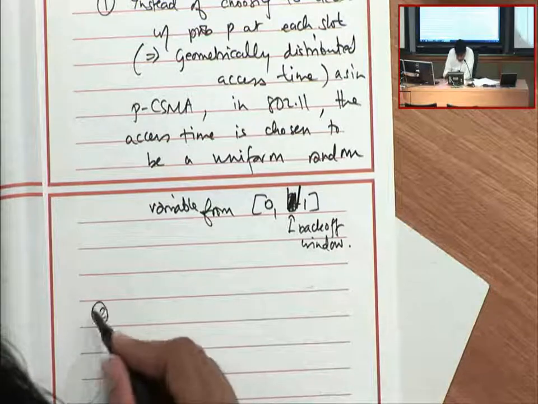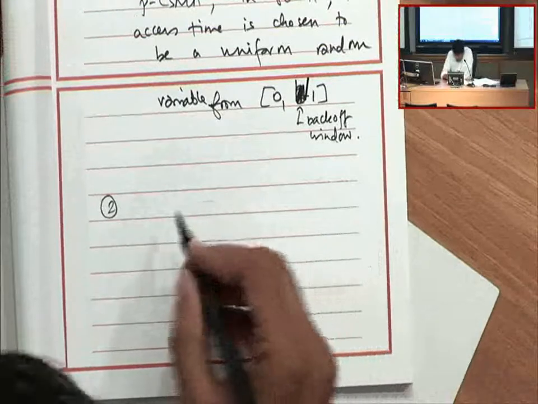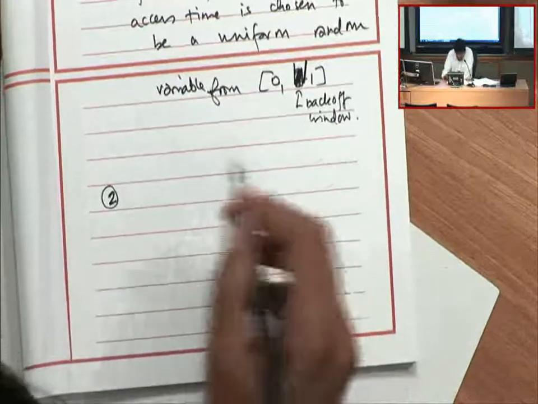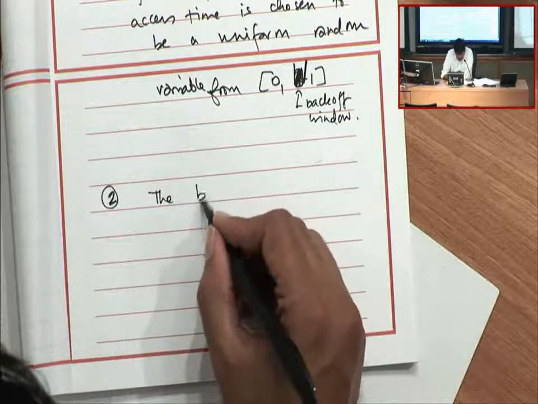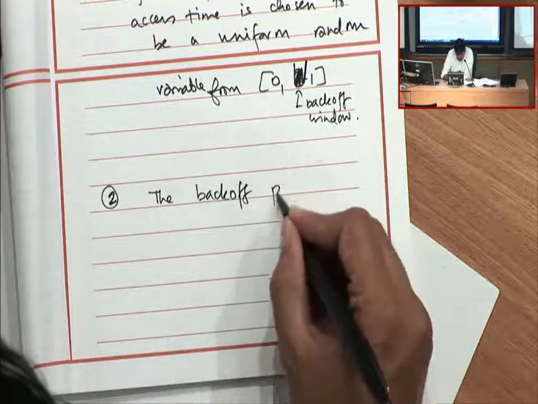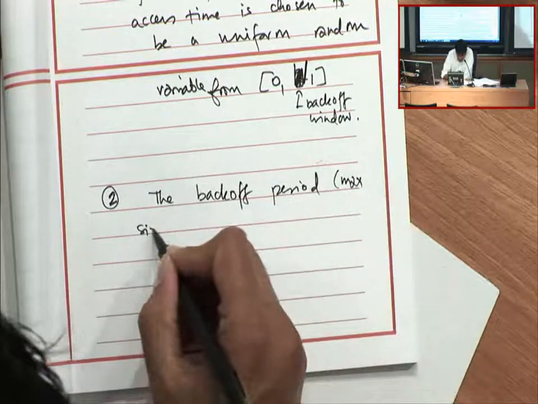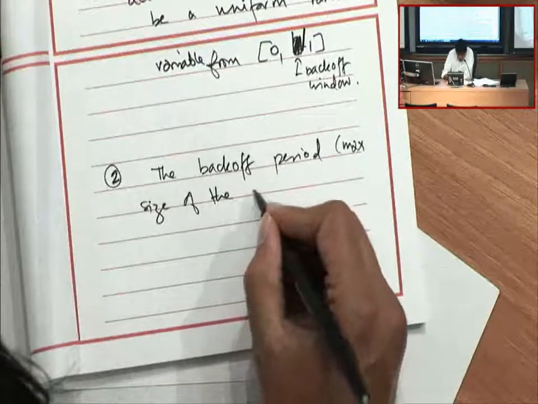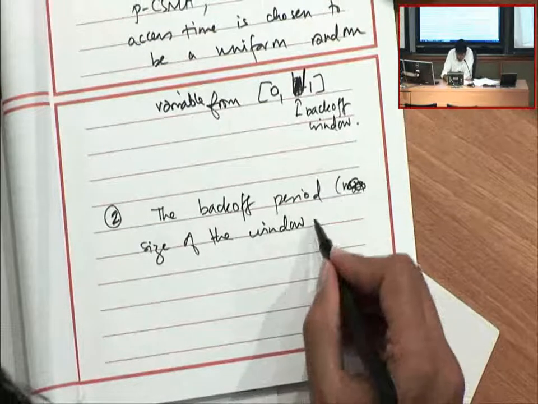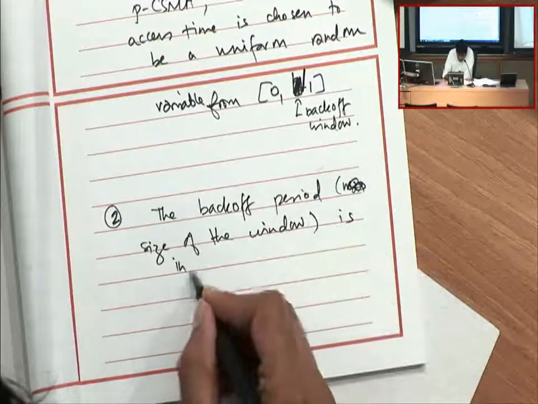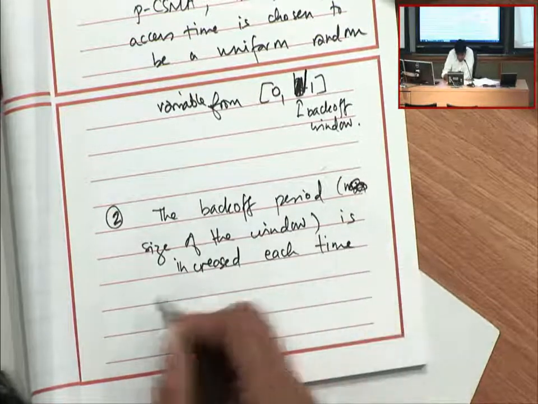The second thing that's different about 802.11, and we'll get deeper into it in the next class, is that the size of the back-off window is increased each time there is a collision.